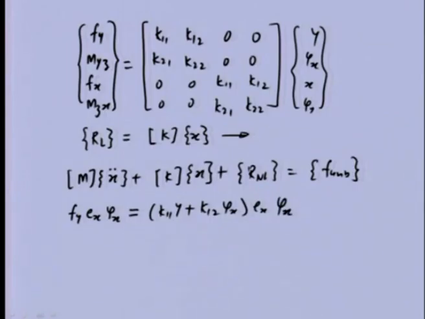Now, you can see this is an angular displacement, this is a linear displacement, this is a linear displacement. So, the product of these will give us the nonlinear term. Similarly, the other expression will also give a nonlinear term. We are dealing with the linear system, so we will drop these terms.